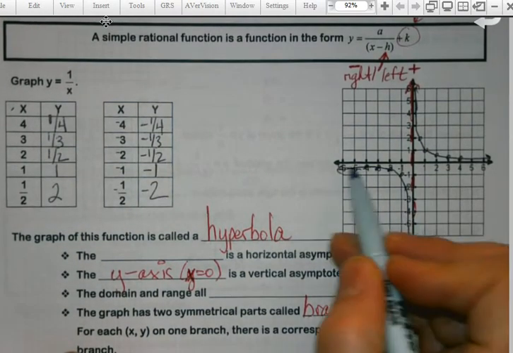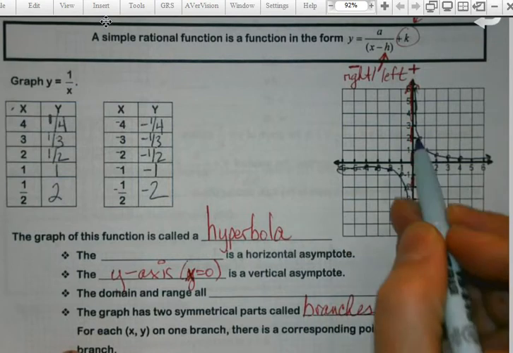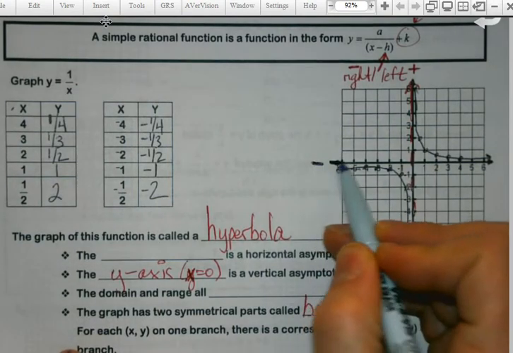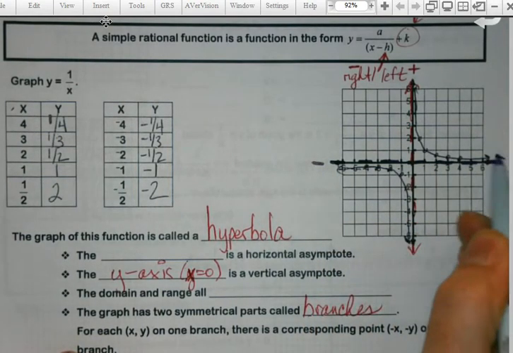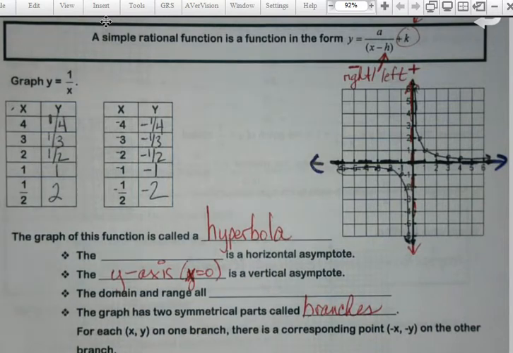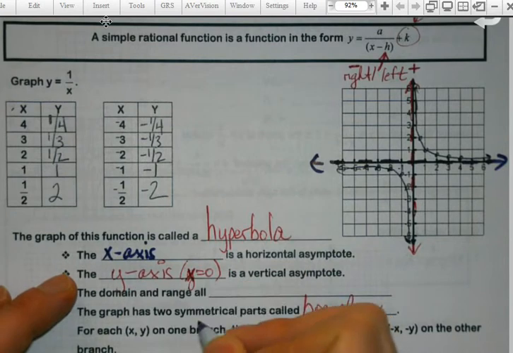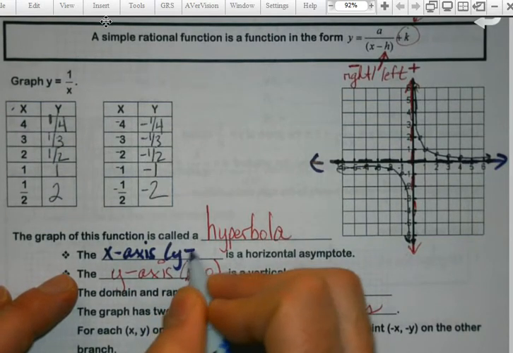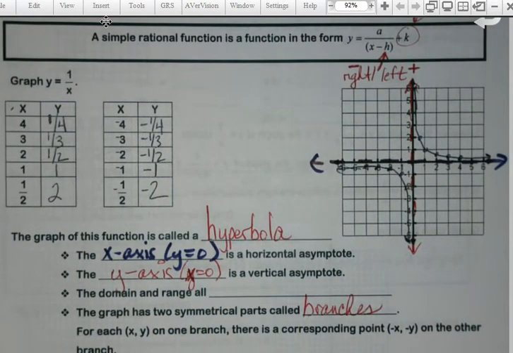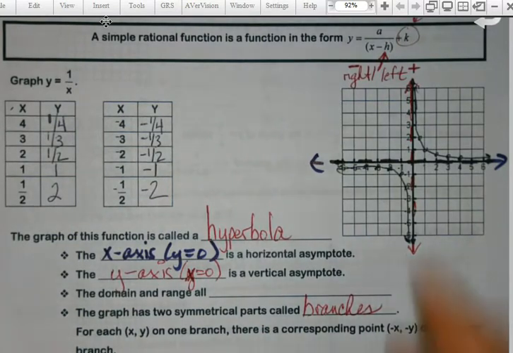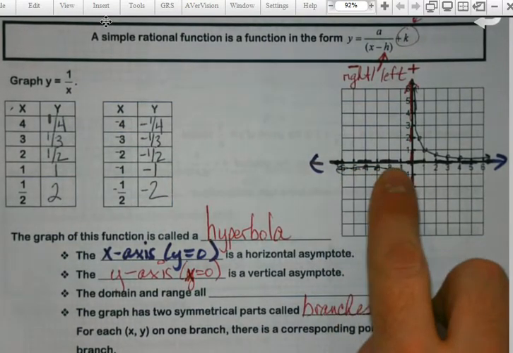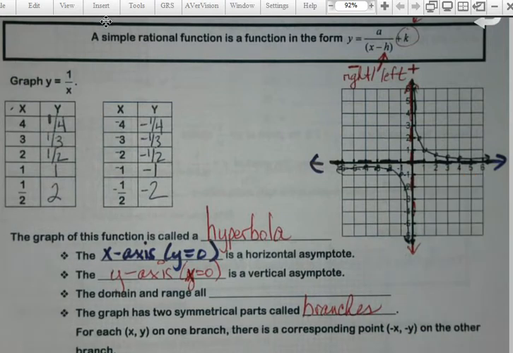I also notice that my graph hugs up against the x-axis. So most of these graphs are going to have two different asymptotes. The x-axis is my horizontal asymptote, and it would have a value of y equals 0, which is strange because you'd think of the x-axis as x equals, but it's y equals 0, again, because my x values will change as I work through here, but my y values won't.